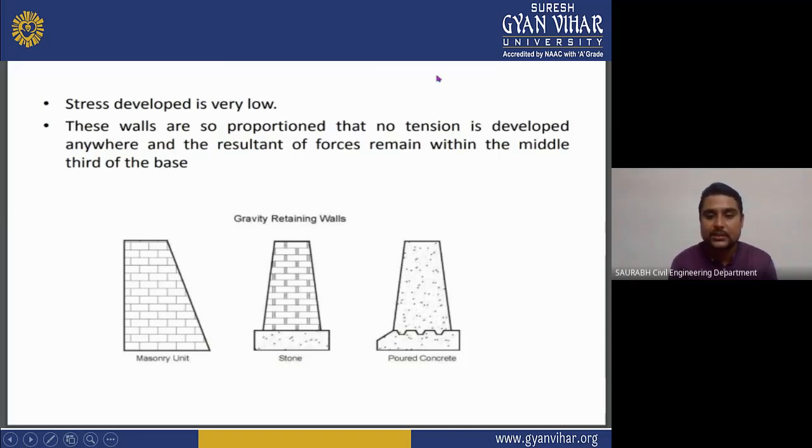As you can see here, this is your masonry unit wall, and this is your stone unit wall, and this is your pure concrete wall, where we need to retain less mass. We can easily build the masonry unit gravity wall, where we need to retain more load of earth, we need to build a poured concrete wall.